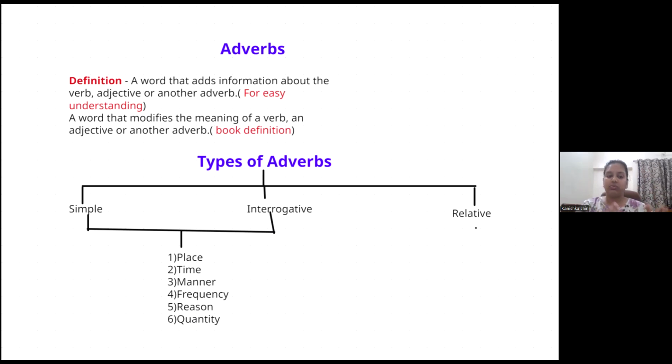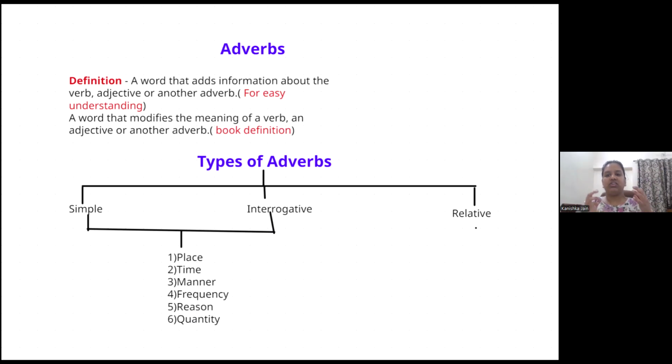And the simple adverb of reason is anything that answers the why in a vague manner: hence, therefore. Like, why couldn't you help me? I was ill. Hence, I couldn't help you. Then comes quantity. A little, a lot, all of these are quantity. There is a difference in frequency and quantity. Frequency is a little more specific, whereas quantity is a little more vague.